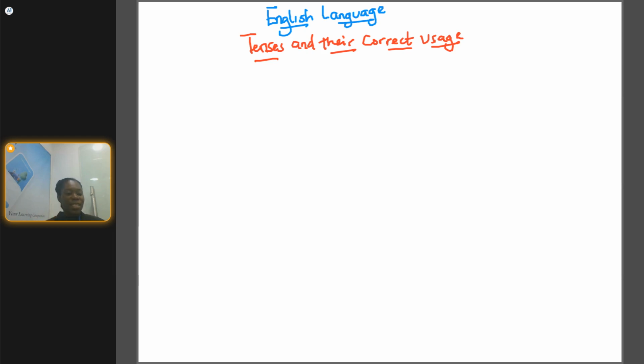Then we looked at the sixth rule, that some words are always singular. Once they appear singular, you have to use a singular verb. These words include each, nobody, everyone, somebody. Words like that are always singular, so your verb has to be a singular verb.